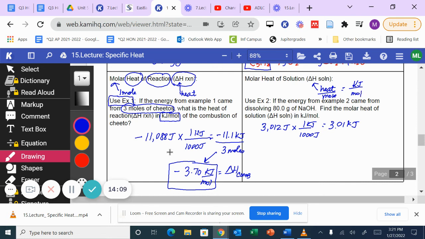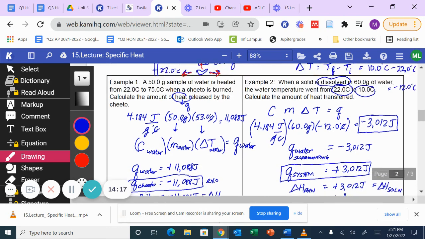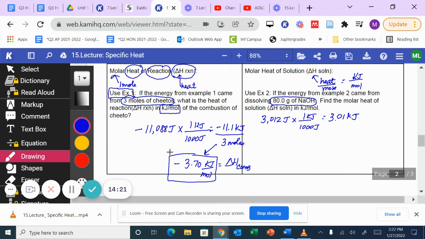Now I need moles. They gave me 80 grams, which is not in moles. Let's say 80 grams is what I was dissolving in here. It didn't say that, but that's what I was dissolving. So I have to convert 80.0 grams of NaOH to moles. 1 mole of NaOH is how many grams?